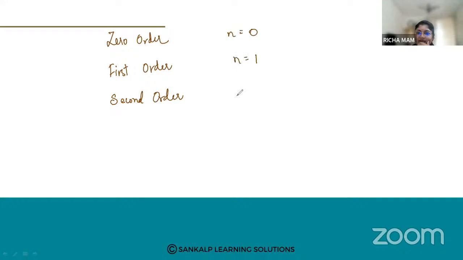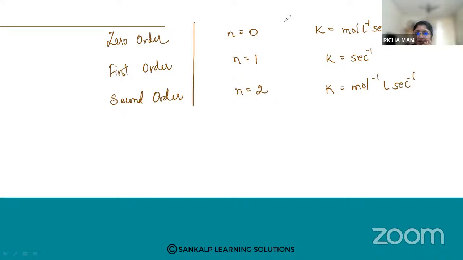In first order, n equals 1. In second order, n equals 2. So the units are: for zero order, K is mole per liter per second; for first order, K is only per second; and for second order, it is liter per mole per second.